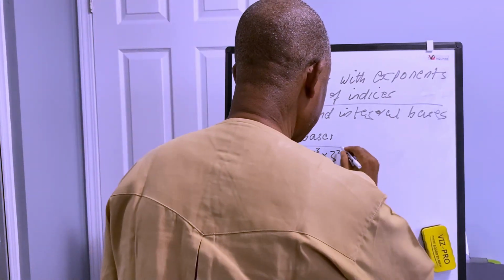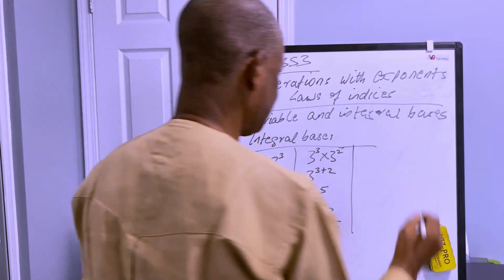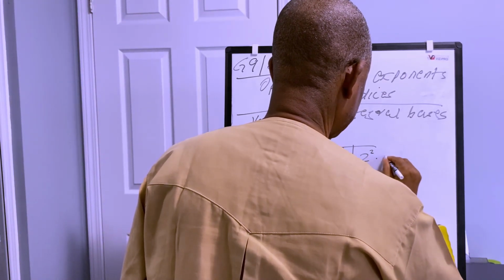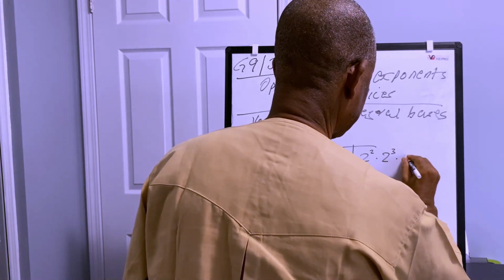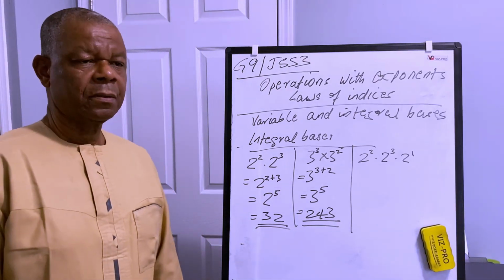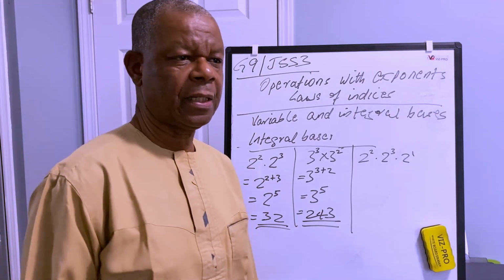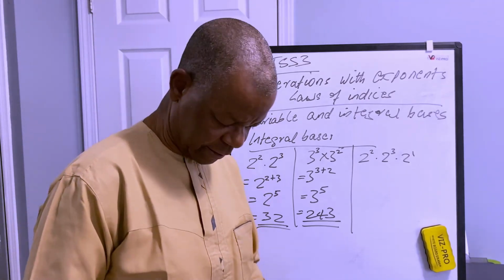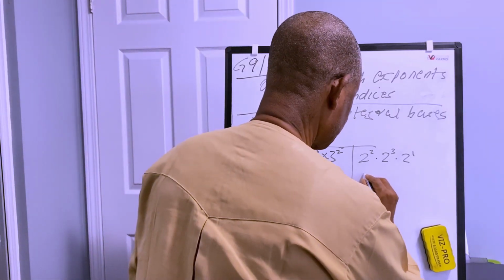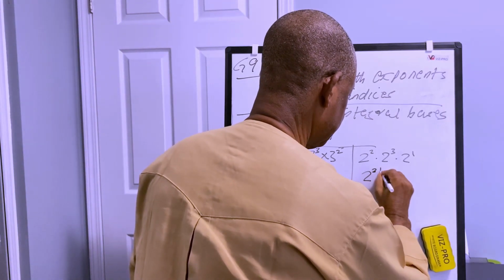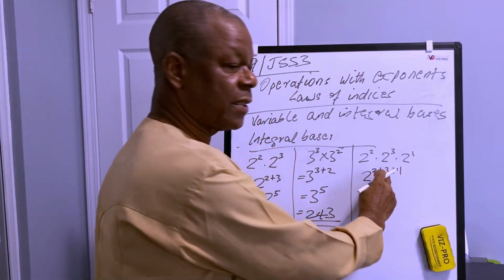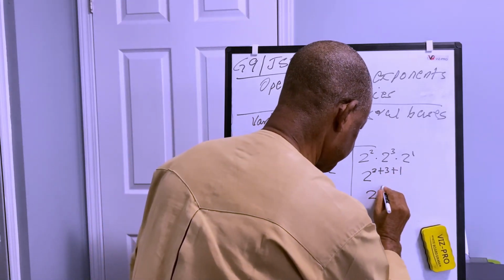We may have more than two terms, where we are asked to solve 2 raised to power 2 times 2 raised to power 3 times 2 raised to power 1. That one may not be written, just 2. Like I said before, when there is no power, it is automatically raised to power 1. This gives us 2 raised to power 2 plus 3 plus 1: 2 plus 3 is 5, and 5 plus 1 is 6.